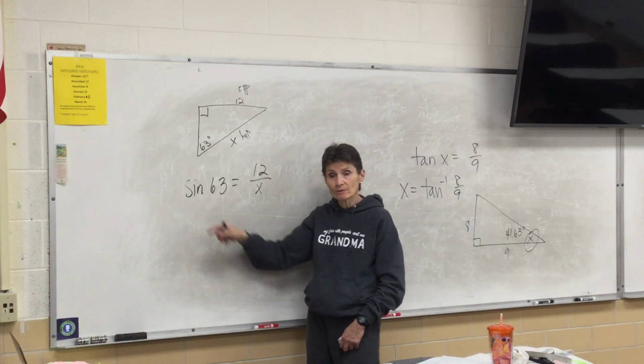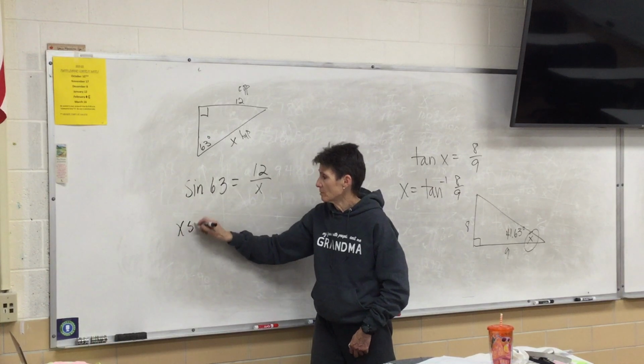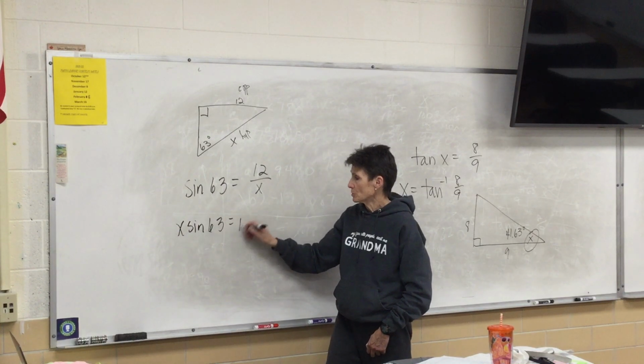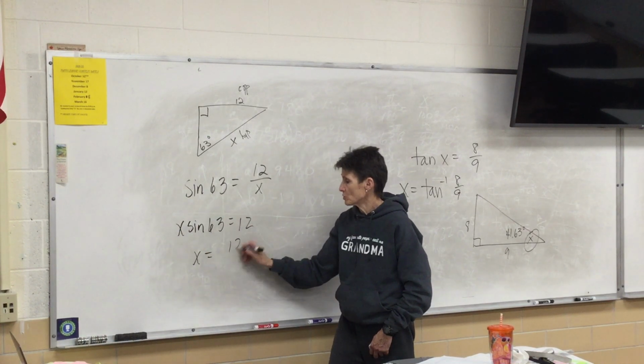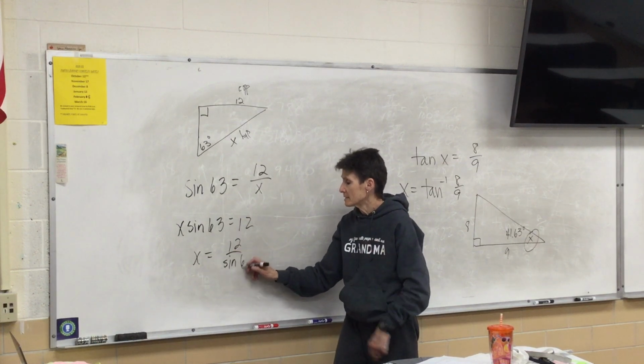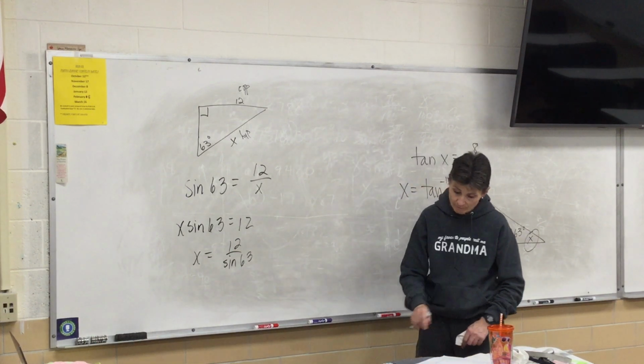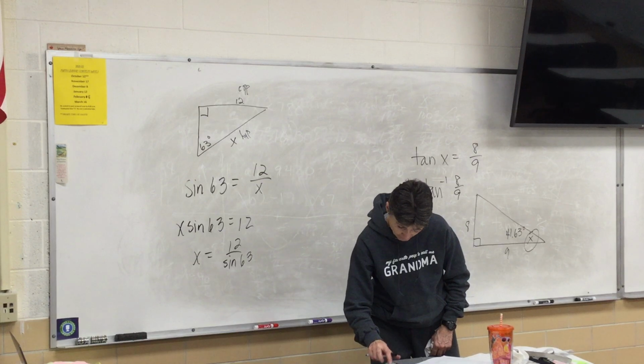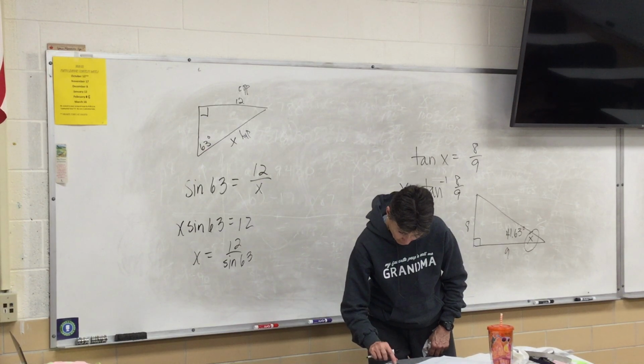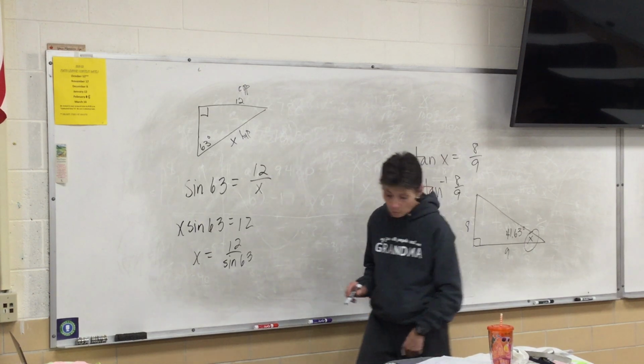I need that to stay together. So x sine 63 equals 12, and x equals 12 over sine 63. I got 13.47.